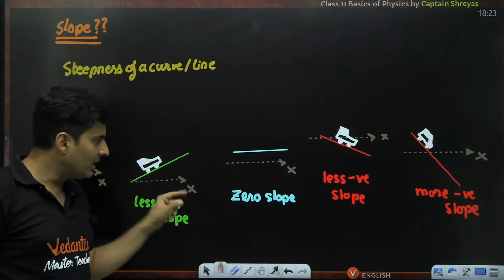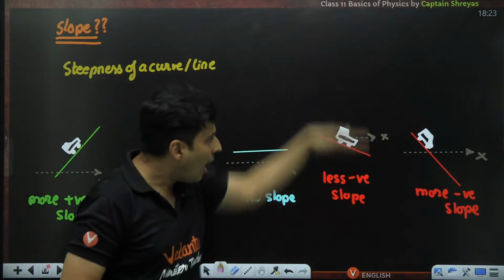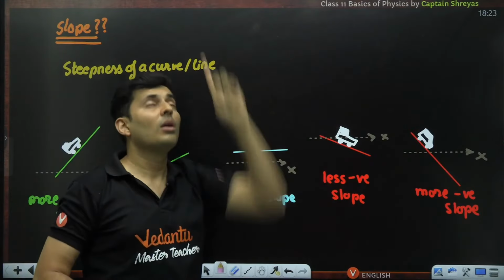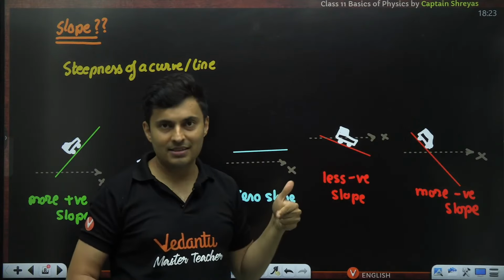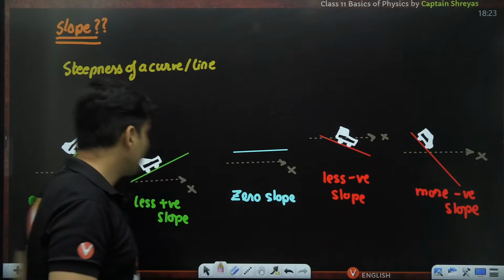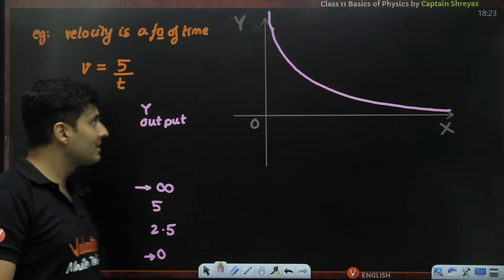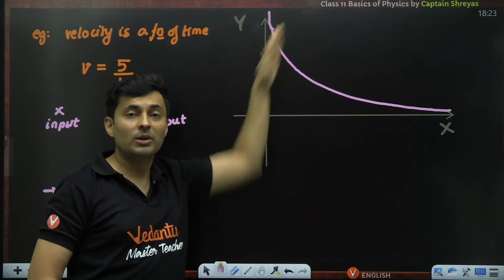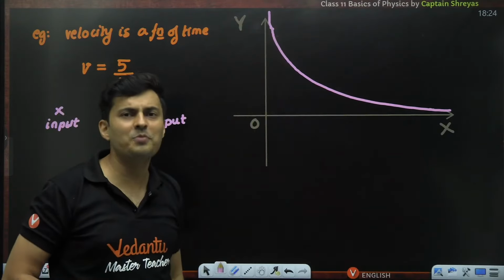If I travel 1 meter and don't go anywhere, then my slope is 0. So how much am I changing in the y-axis if I travel in the x-axis? What is the x-axis? I just told you some time back: the x-axis is input. What is the y-axis? It is basically your output. So how much will the output change if I change the input?